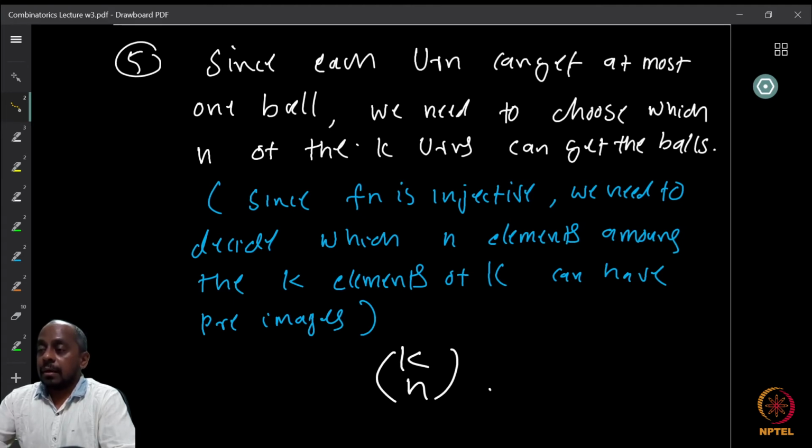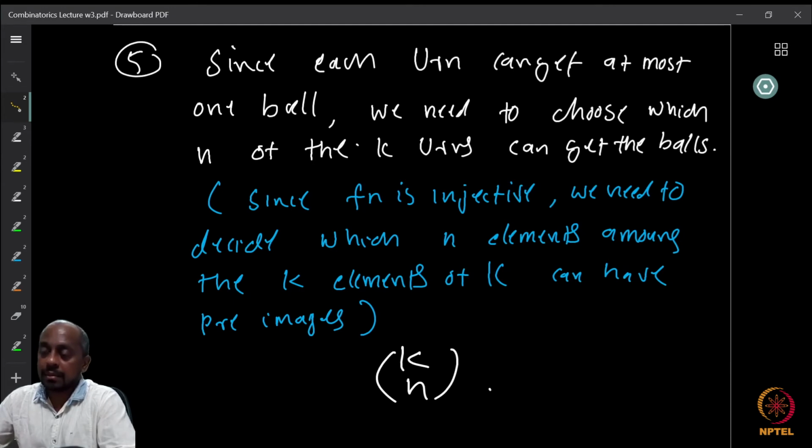Because each one can only get one, and the balls are identical, it doesn't matter which ball. So you just choose an n element subset of the total k element set, which are the urns available. Since this function is injective, we need to decide which n elements among the k elements can have images.